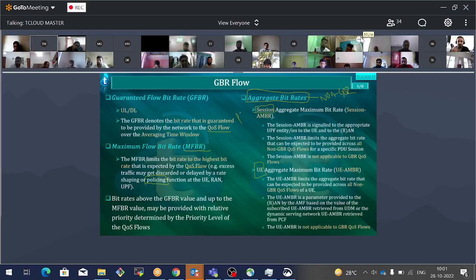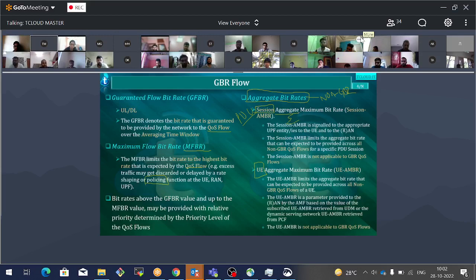Session is a PDU session which mobile equipment can establish with one data network. That is the session. So for every session, what is the aggregate? Aggregate means the summation of all the maximum bit rates.